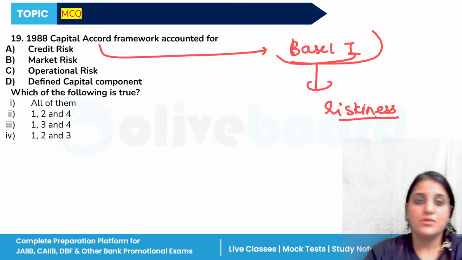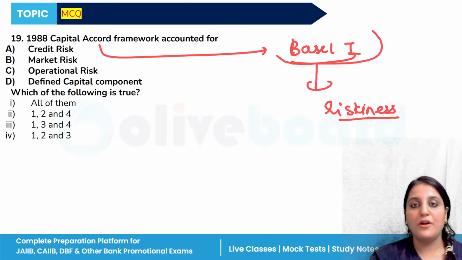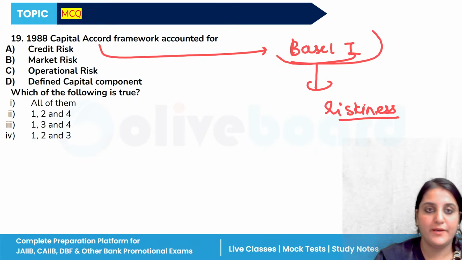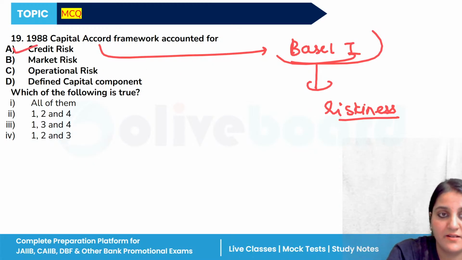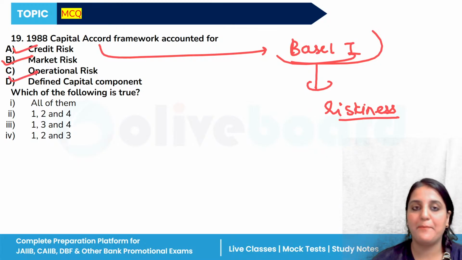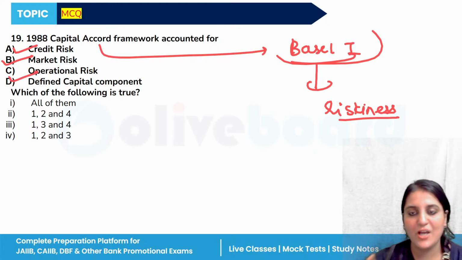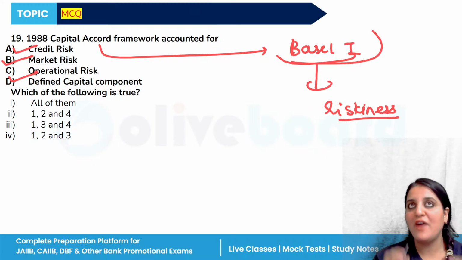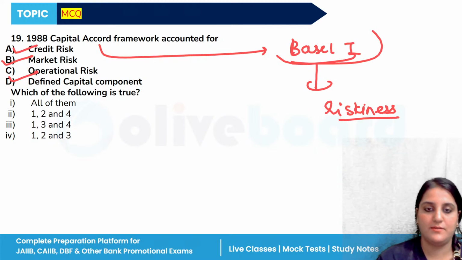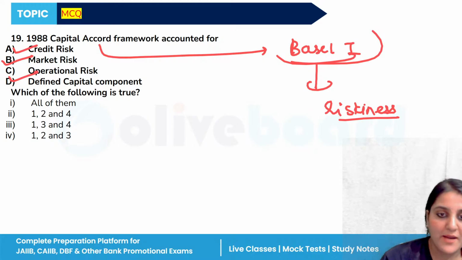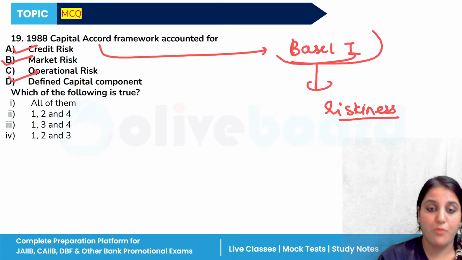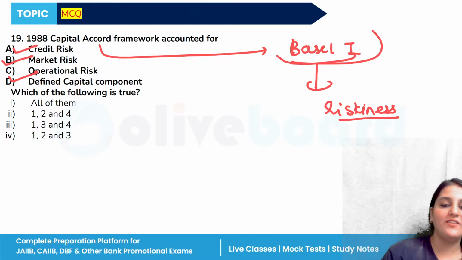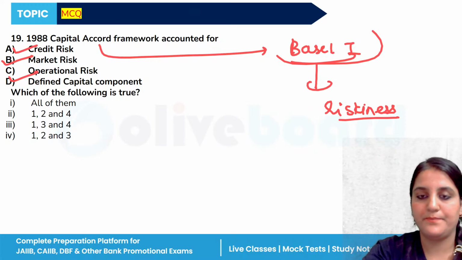So the 1988 Capital Accord framework accounted for credit risk, market risk, and the defined capital component. The defined capital component is a specific amount of capital that a financial institution is required to hold as a cushion against potential losses, mandated by regulatory bodies to ensure the stability and solvency of the financial system.